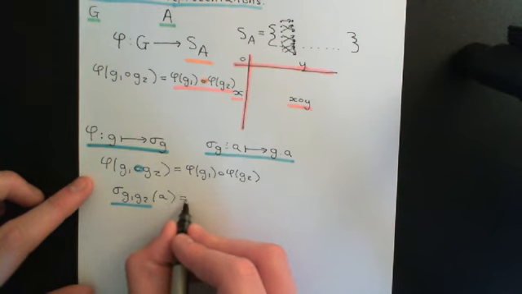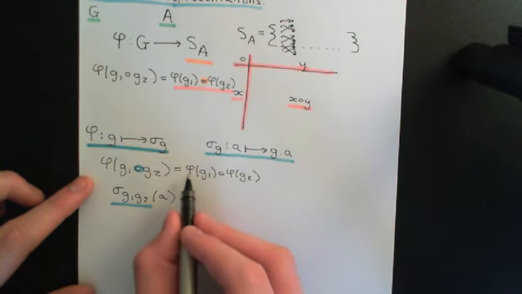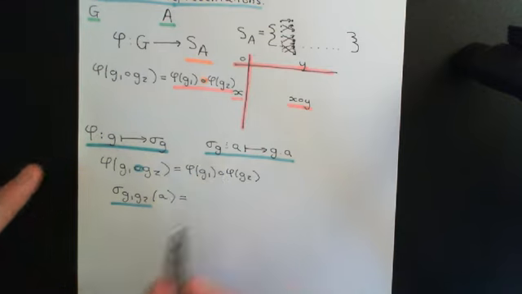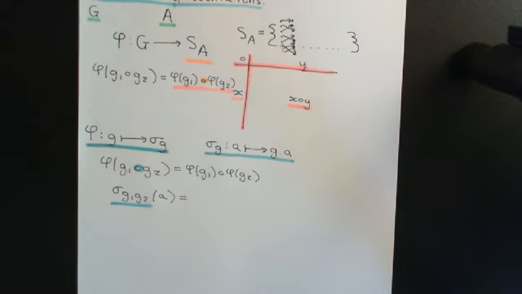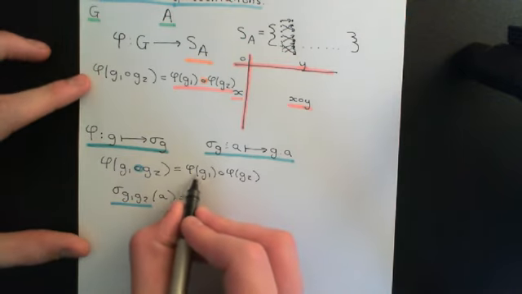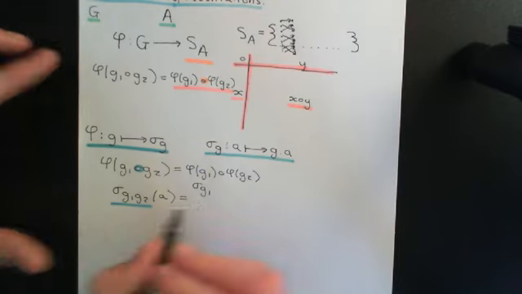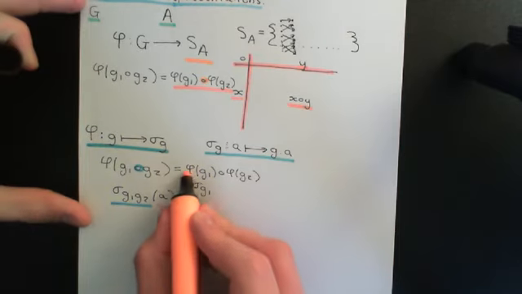Now on the other side, what will we then get? Well, what we'll get is phi of g1 composed with phi of g2, where this composition is done in our symmetric group on the set A. And of course we know that composition in the symmetric group on the set A means composition of the associated set permutations. Okay, so of course phi of g1 is just going to be the set permutation associated with the element g1 of the group.